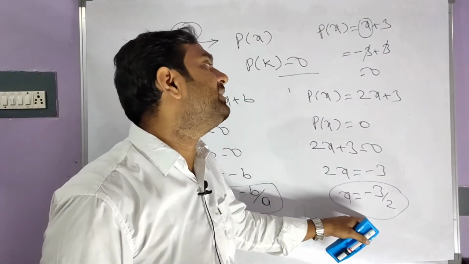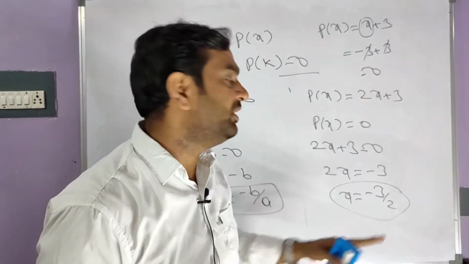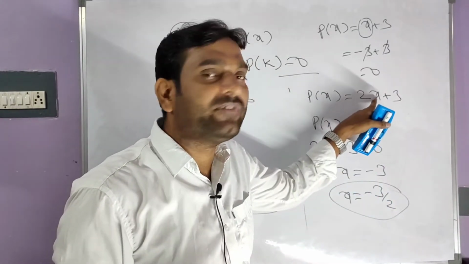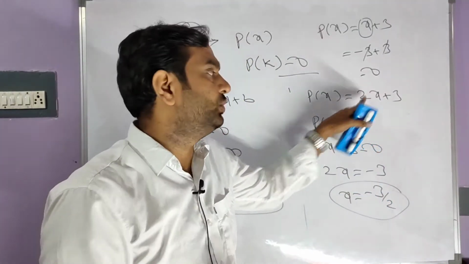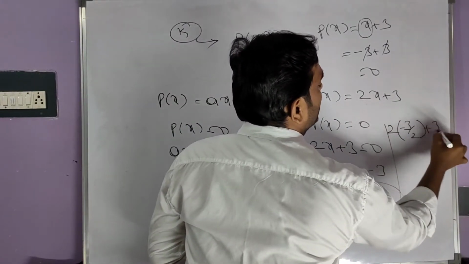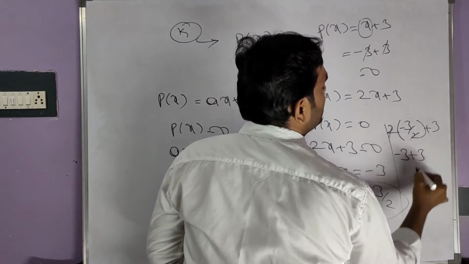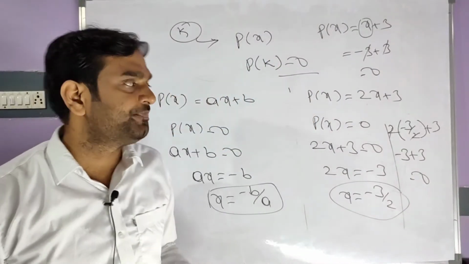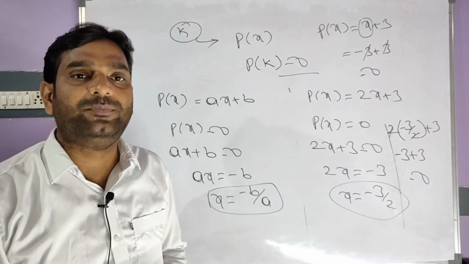This minus 3 by 2 is the zero of the given polynomial. If you substitute minus 3 by 2 in the place of x, then you will get 0. If you write 2 of minus 3 by 2 plus 3, 2 cancels, minus 3 plus 3 is equal to 0. That's the zero of the polynomial.